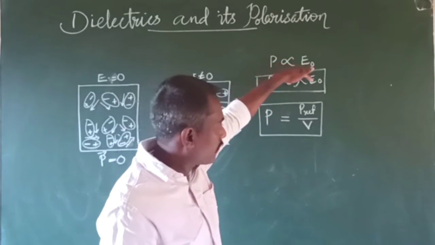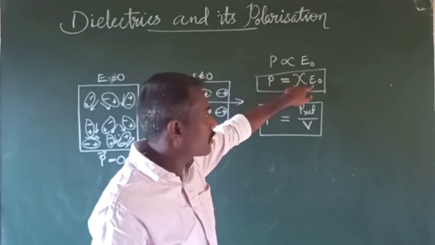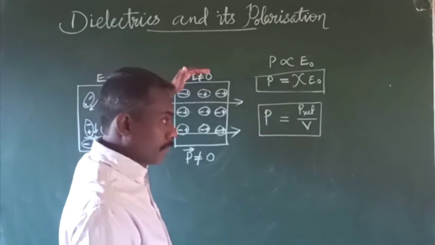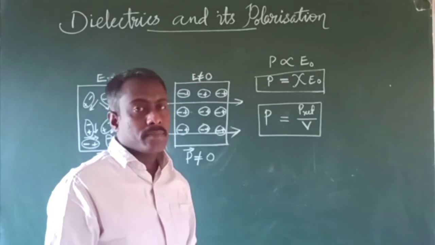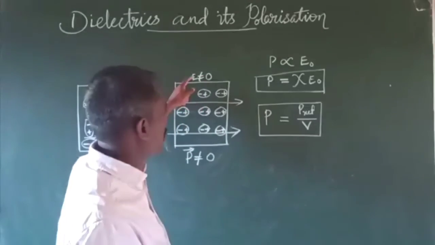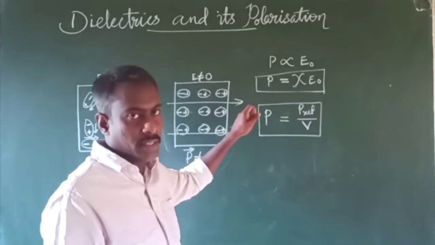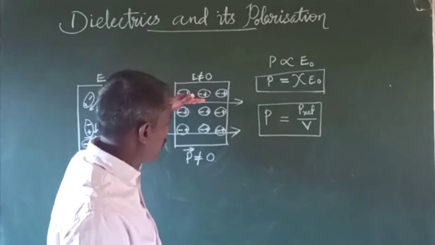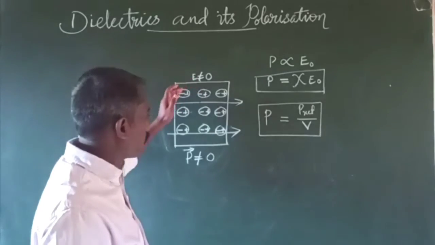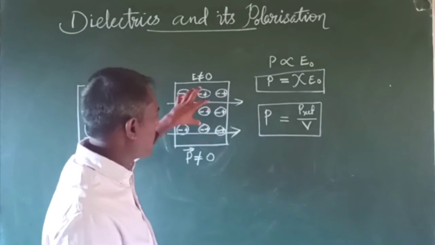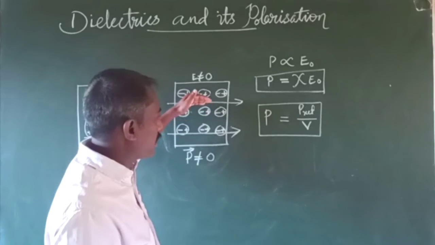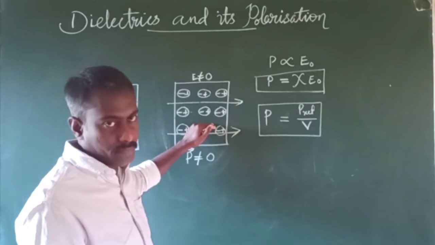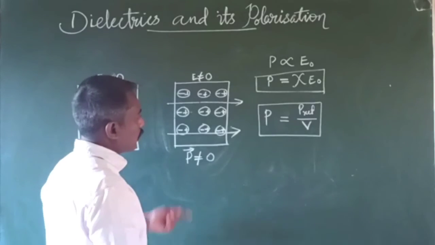When the electric field applied is more, then another point: when a polar or non-polar dielectric is kept in an external electric field, and the molecules are polarized, another electric field is produced inside the dielectric due to the polarization.